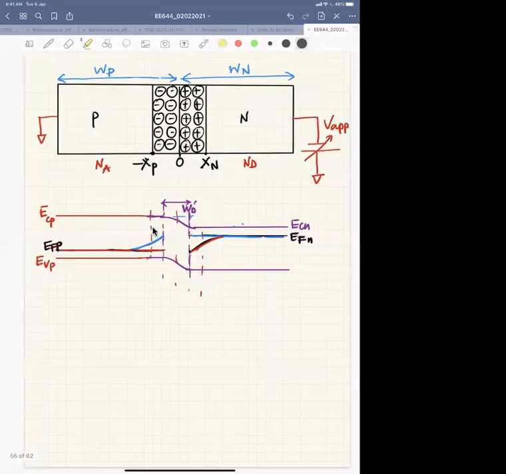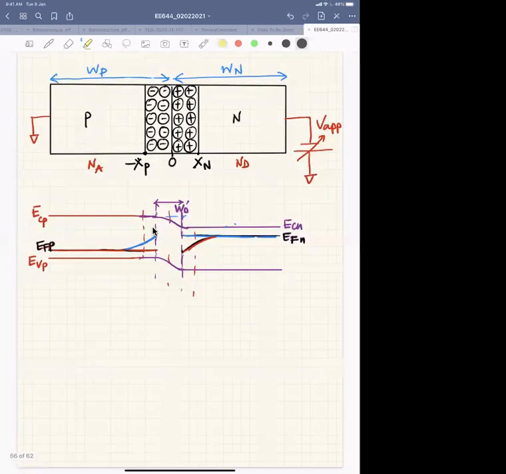Okay. So now, if I want to draw the quasi-Fermi levels, based on the carrier concentration, I could draw them. So EFN, and since the electrons are injected and your minority carriers in the P side, the electrons, will reduce also, I have an EFN in the P side also, right?